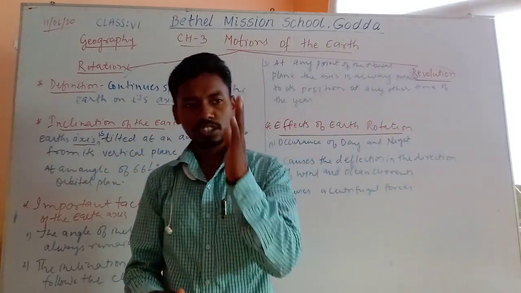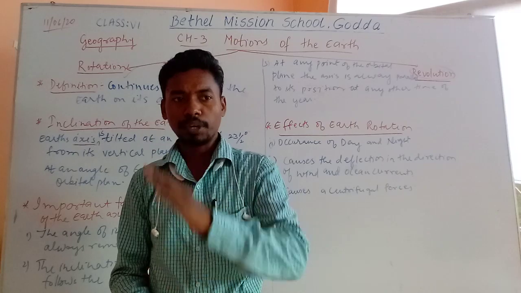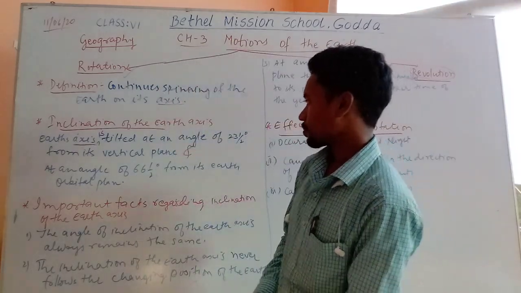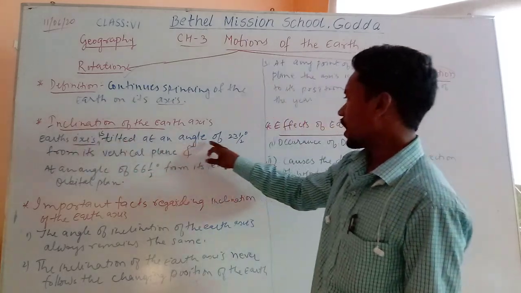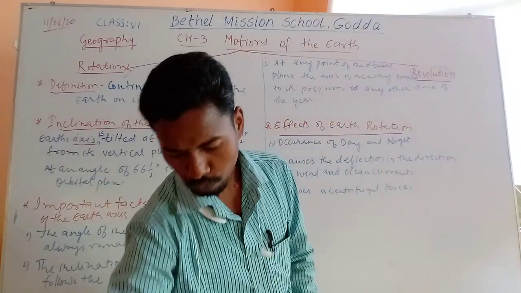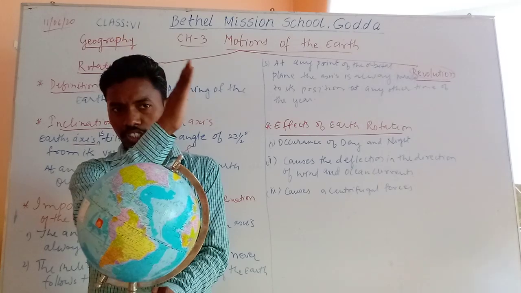The Earth is not straight; it is inclined a bit according to the Earth's orbital plane. The Earth's axis is tilted at an angle of 23.5 degrees from the vertical. This is your vertical direction and this is your axis.